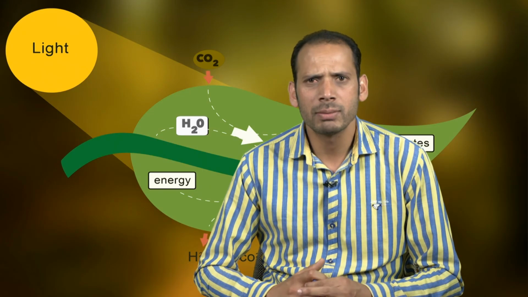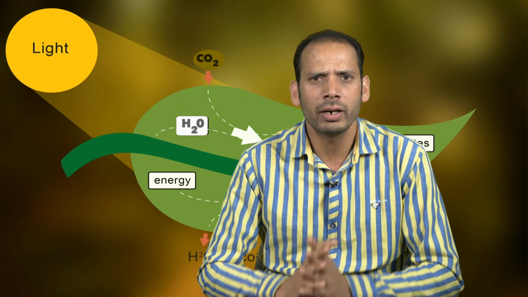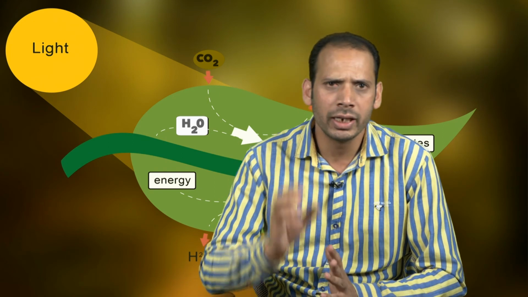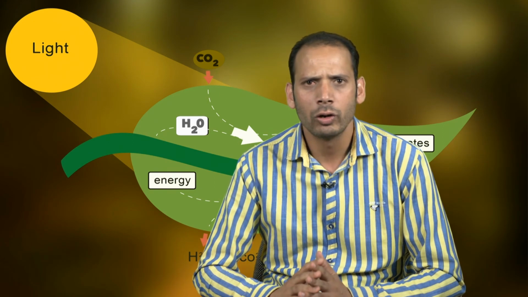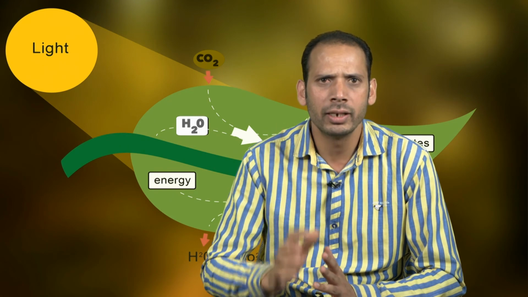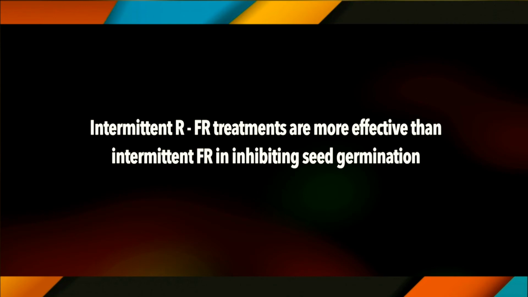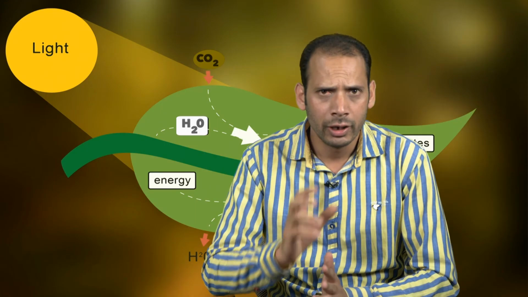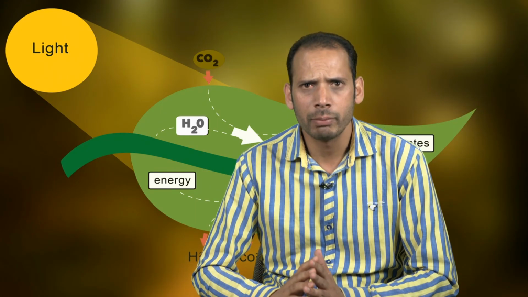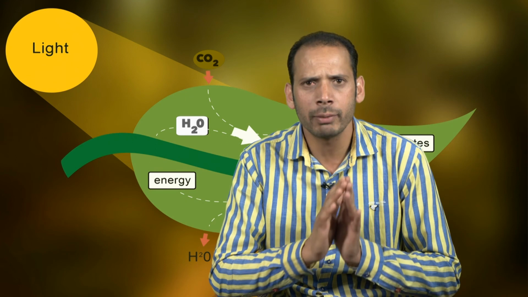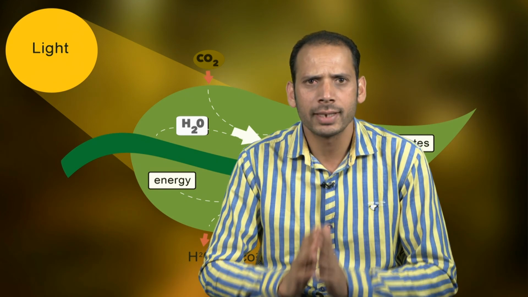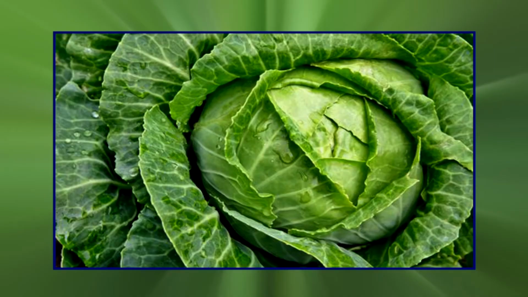There are some similarities in the action of intermittent light treatments on the inhibition of germination and on the synthesis of anthocyanin in young seedlings. Intermittent red far red treatments are more effective than intermittent far red in inhibiting seed germination, and also for the synthesis of anthocyanin in cabbage, mustard and turnip seedlings.